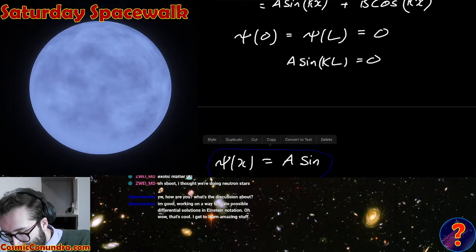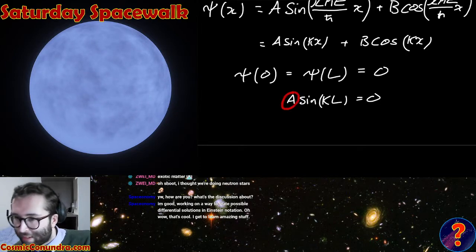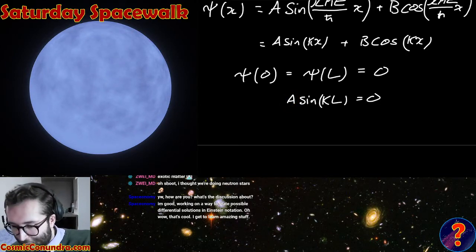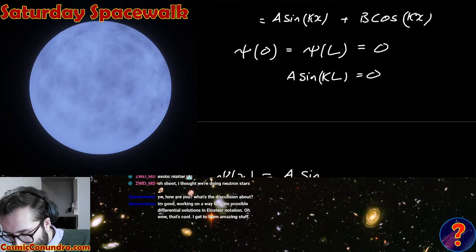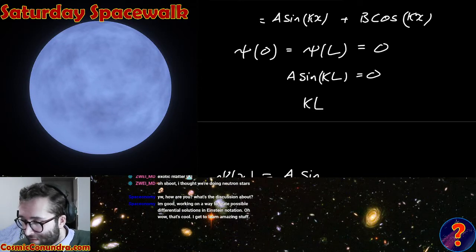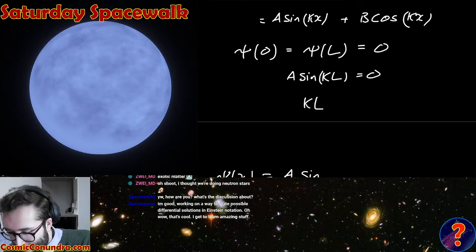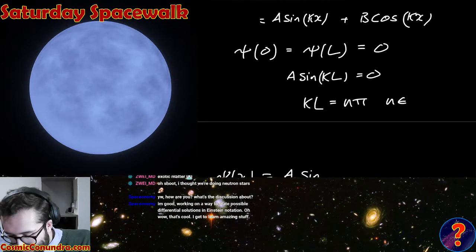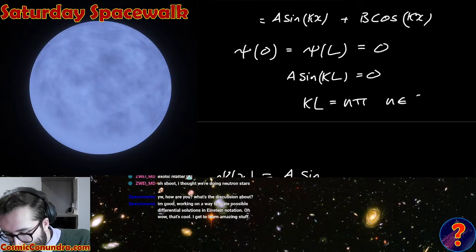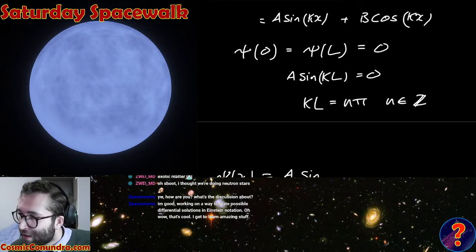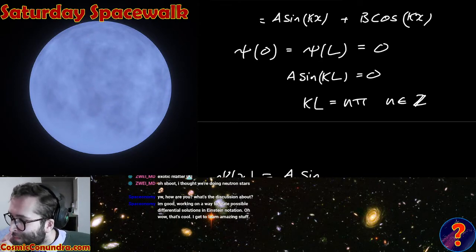Of course, the trivial solution is A equals 0, but that's like saying the wave function is 0 everywhere, which we're not interested in. So the non-trivial solution is that sine of KL is 0, and for sine of KL to be 0, KL has got to be some integer number of lots of pi. That is the only thing that makes sine vanish.